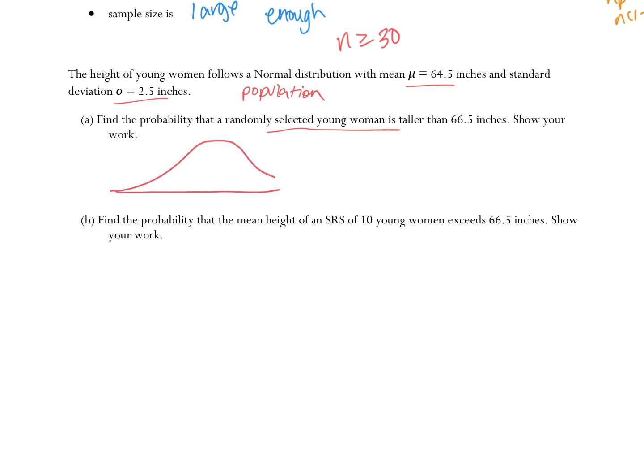Well, because the population is normally distributed, we can just sketch our normal curve, label our mean and standard deviation, and we're basically finding the probability that the individual is greater than or equal to 66.5. And then how do I find this answer, y'all? Do these pictures look kind of familiar? What do I do in my calculator?